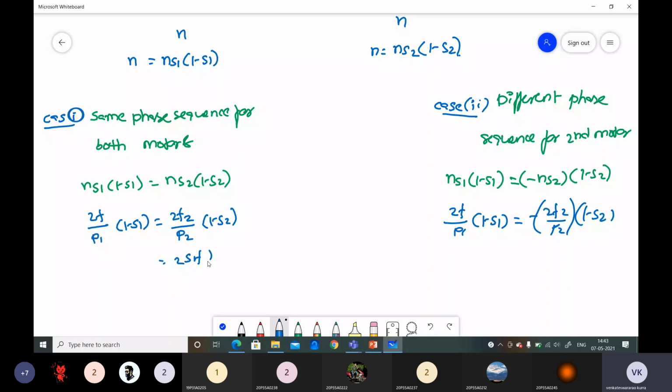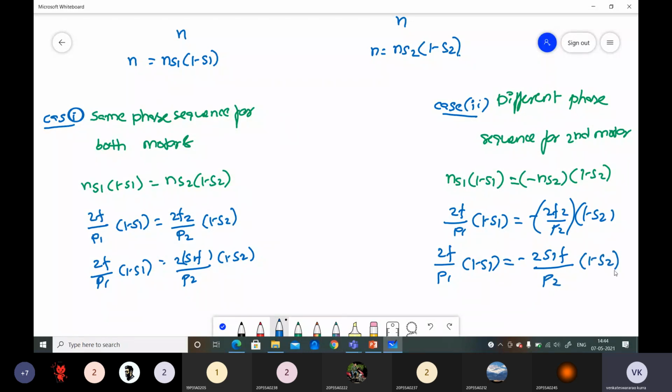So 2 s1 f by p2 into 1 minus s2. This is 2f by p1 into 1 minus s1 equal to minus 2 s1 f by p2 into 1 minus s2. Here this 2f cancels.